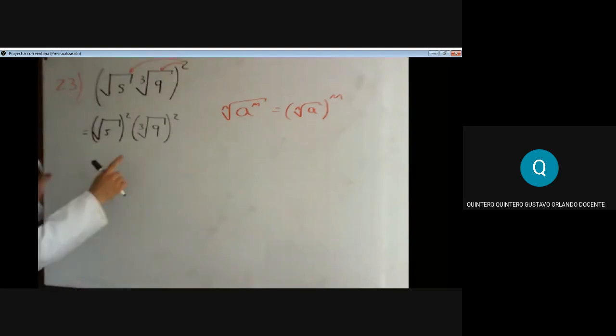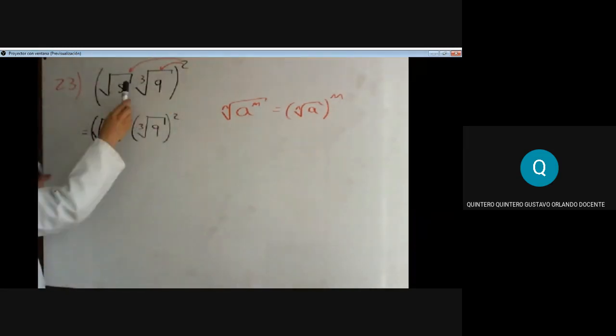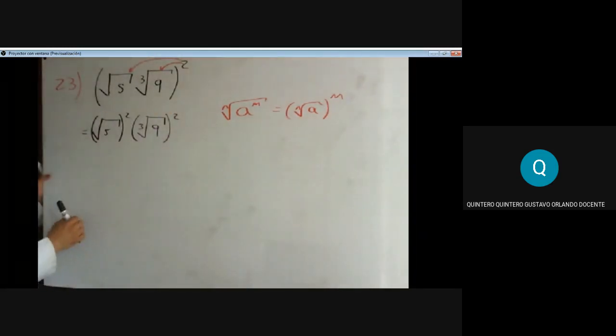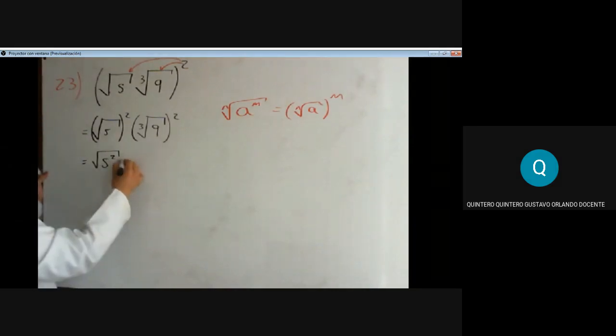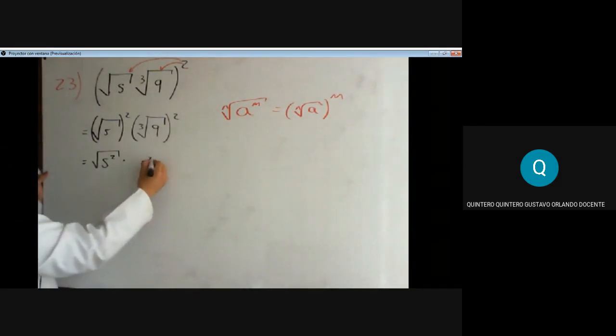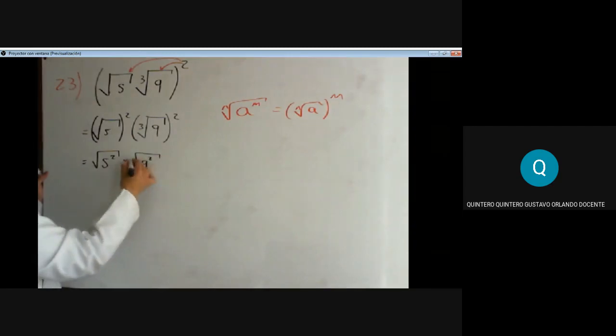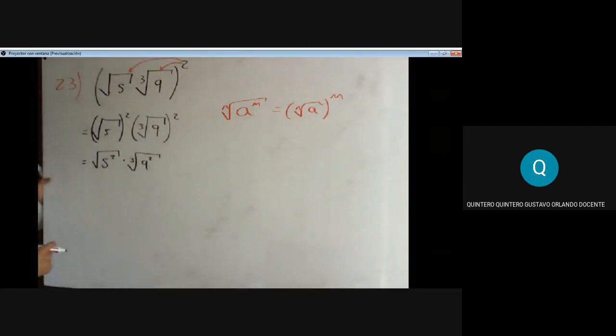Did you see what I did? I distributed the exponent into the 2 roots. Now I can put it inside. So I will have 5 to the 2 inside a square root, by 9 to the 2 inside a cubic root.